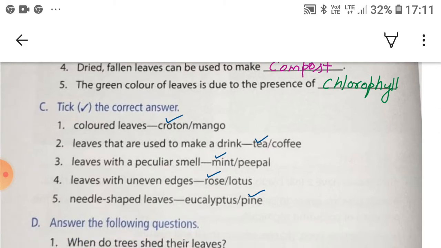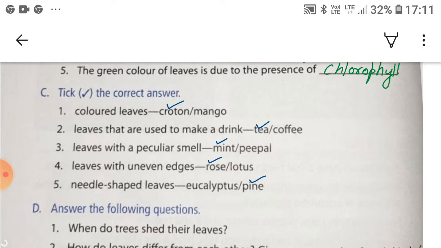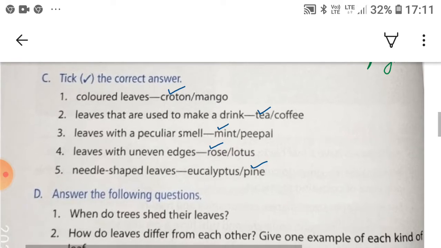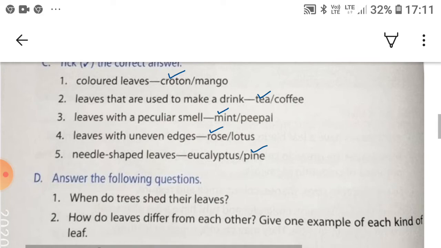Now tick the correct answer. So first, colored leaves are croton. So tick on croton. Second, leaves that are used to make a drink are tea leaves. So tick on tea.